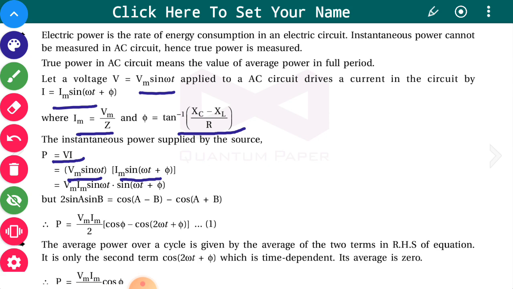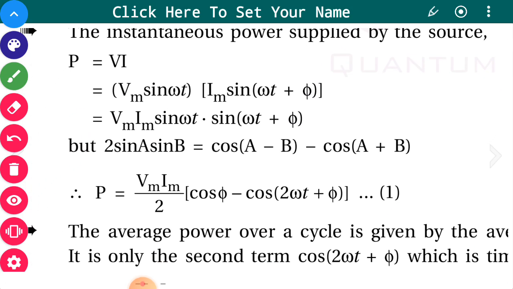So we can rearrange them properly. It becomes Vm Im sin omega t into sin(omega t plus phi).